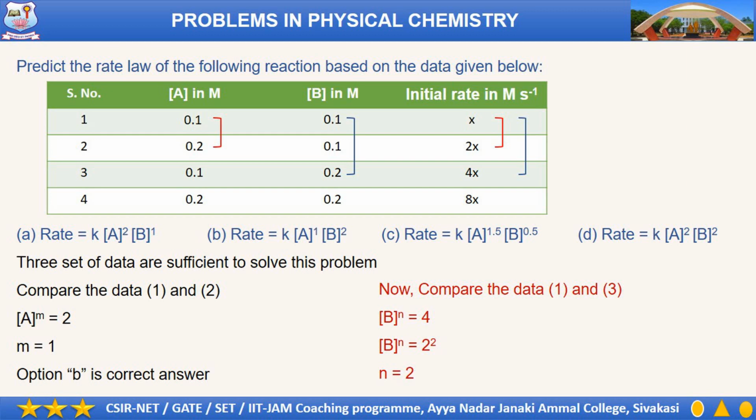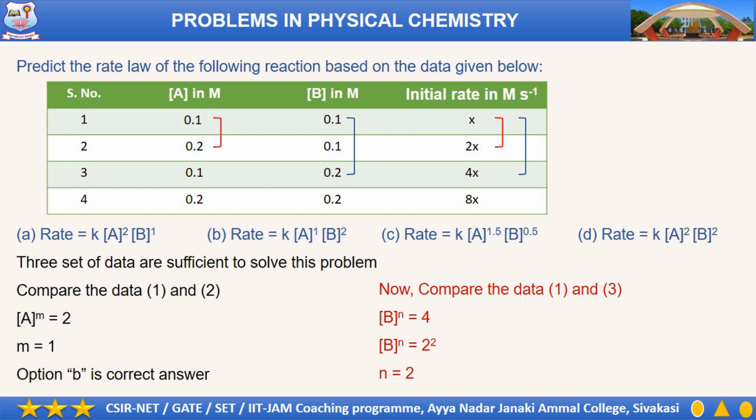Let's assume its order is m. What would be the change in the rate of the reaction? That is equal to 2x divided by x, equal to 2. Therefore, m is equal to 1.